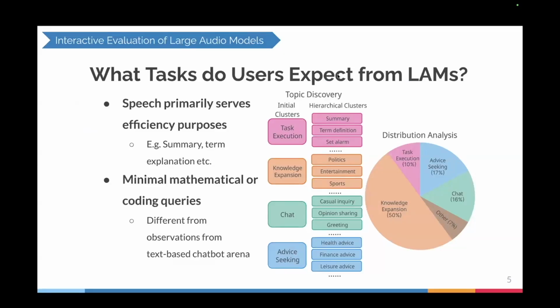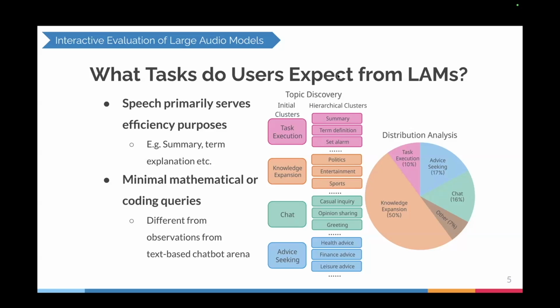To understand how people use large audio models, we group user queries using the k-means clustering algorithm and found four main types of interactions, namely task execution, knowledge expansion, chat, and advice seeking. To gain a deeper understanding, we also listened to 100 randomly selected audio recordings and classified them into each of the four categories.